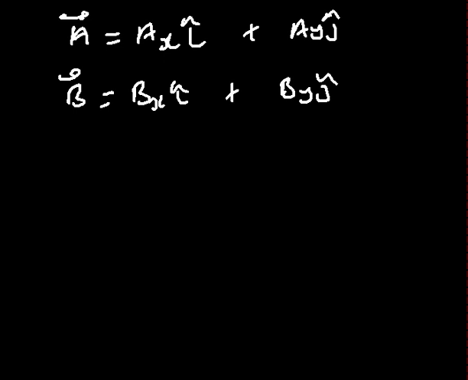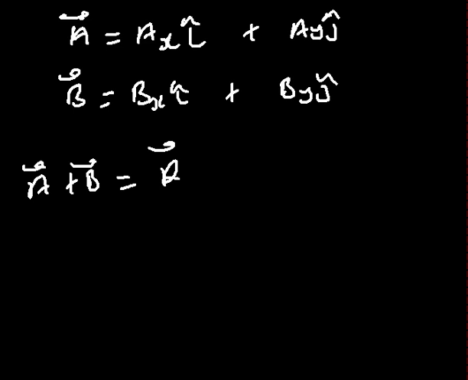Now, what is the summation of these two vectors? Let's say the summation of these two vectors is the resultant vector.